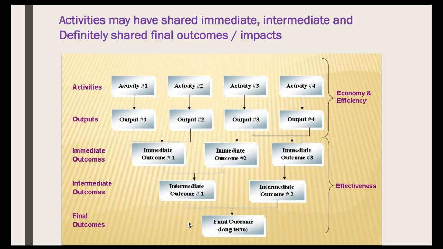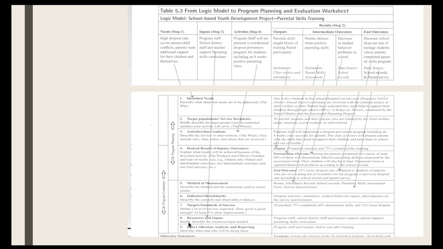Some of your activities may have shared immediate, intermediate, and definitely shared final outcomes, because you may only have 1 or 2 overall goals, so they'll probably be the same.